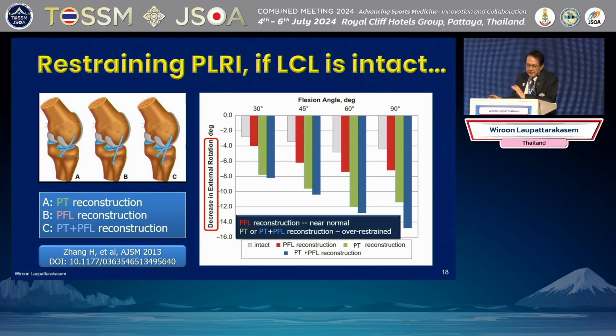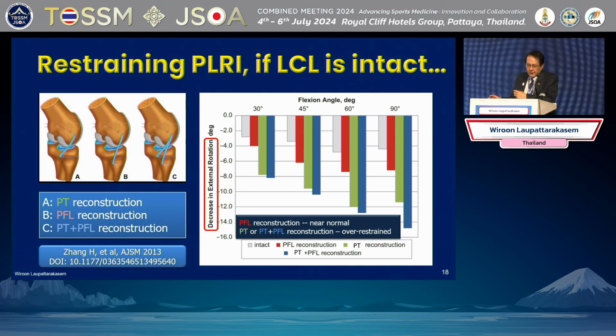The result is that only when replacing the PFL in the fibular-based reconstruction, the tension will be close to the normal or intact case of posterolateral stability.